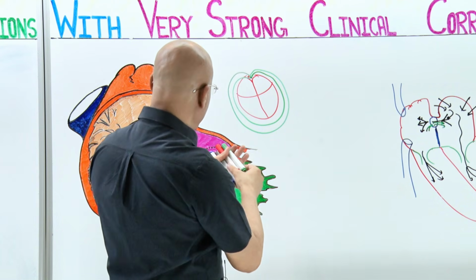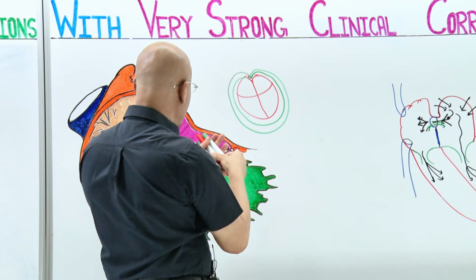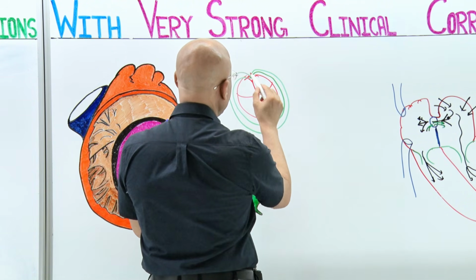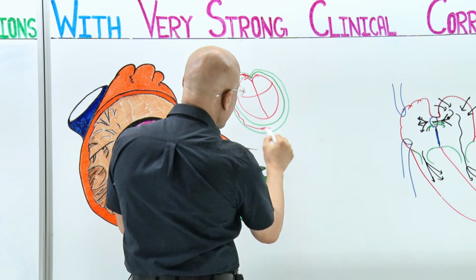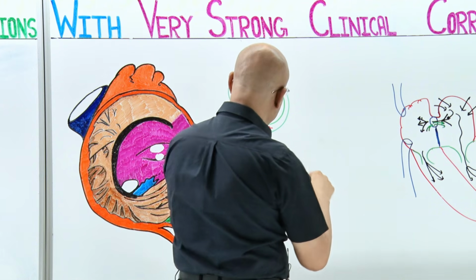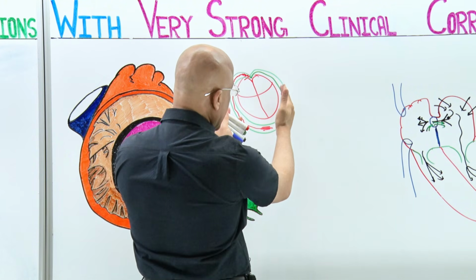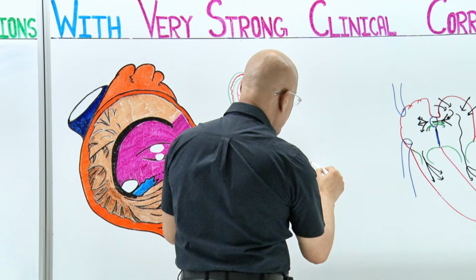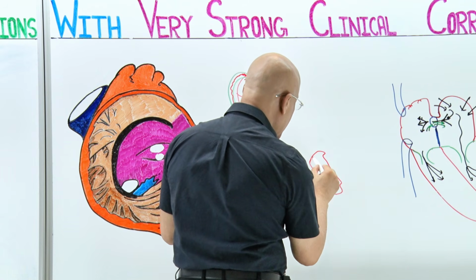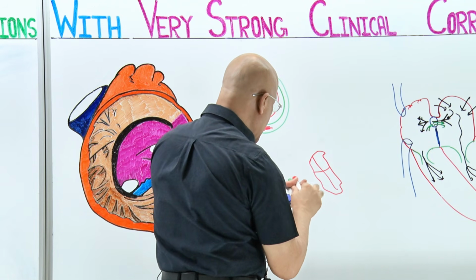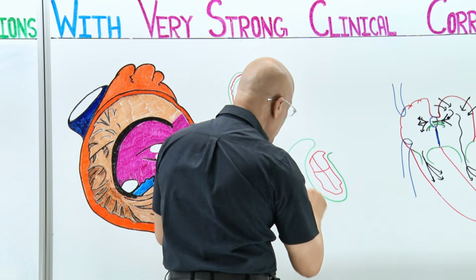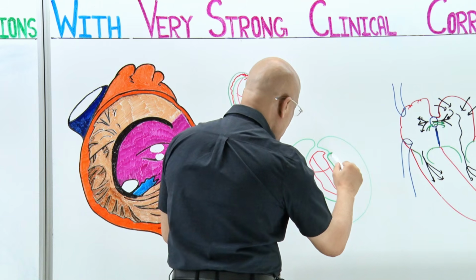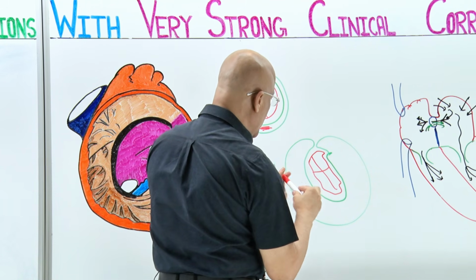Now, if you have made a puncture here, blood will come into this area. And when blood comes into this area, what will happen? Pressure will increase and it will compress the cardiac chambers. So the cardiac chambers will be pressed. And what is this? Blood present in the pericardial sac.